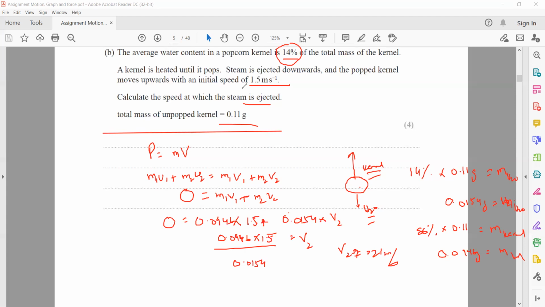Is it clear, this question? How we worked out the speed at which this kernel, initially unpopped, when it pops, or the speed at which the steam is released from this kernel.